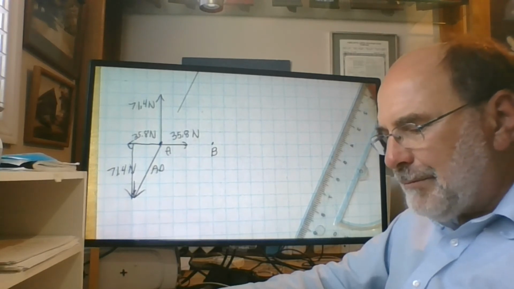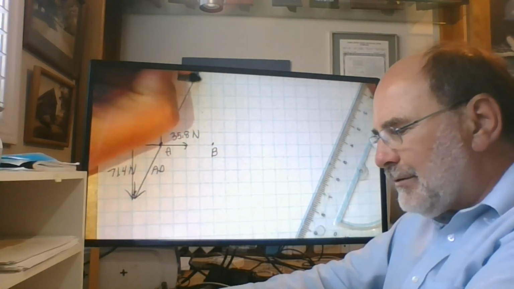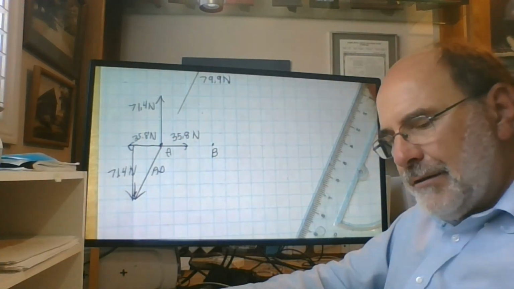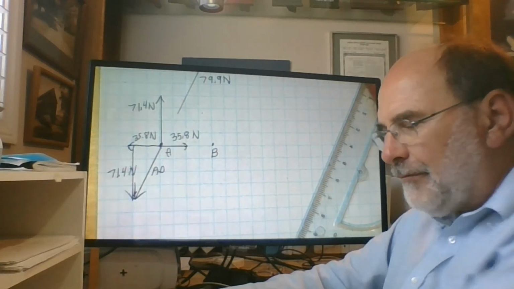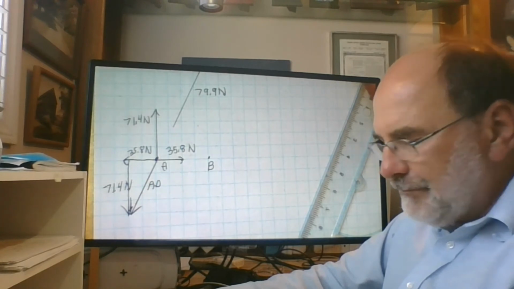Beep, beep, beep, beep. And I get 79.9 newtons as the magnitude of the force of member AD.